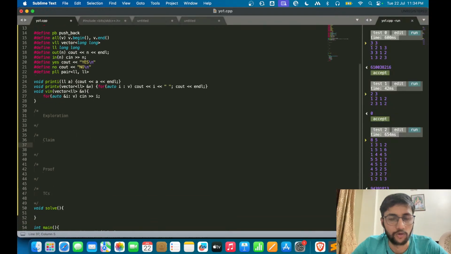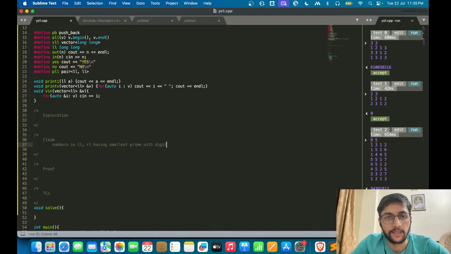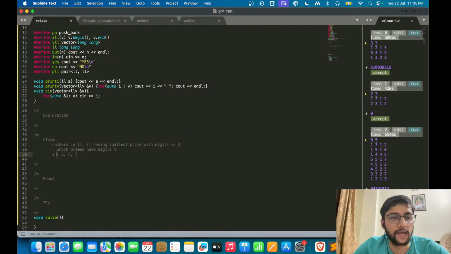Since we have to find the numbers in L to R having smallest prime with digits greater than or equal to 2, you naturally ask the question which primes have 1 digit. So these are 2, 3, 5 and 7. So 2, 3, 5, 7 have 1 digit.